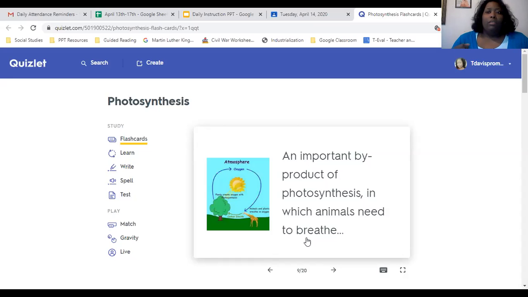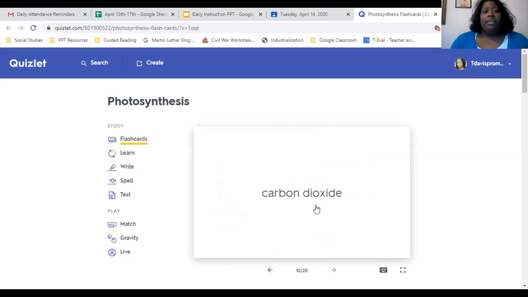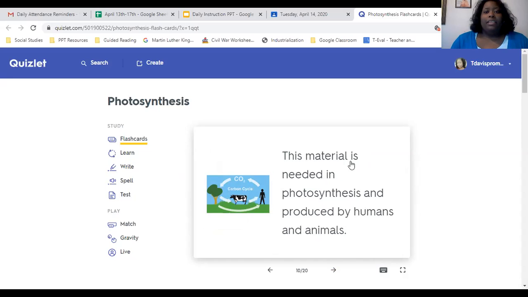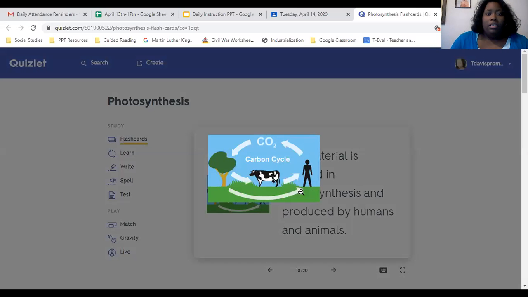It is also a byproduct of photosynthesis, and plants actually breathe oxygen at night. Carbon dioxide. So carbon dioxide, this material is needed in photosynthesis and is produced by humans and animals. So this is the humans and the animals, and we're giving the plant carbon dioxide, and it's giving us oxygen.